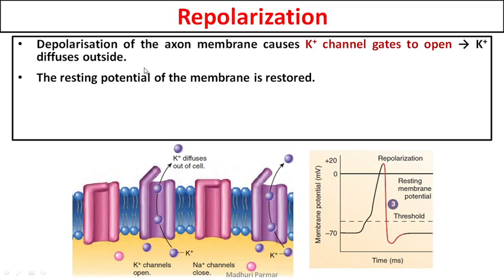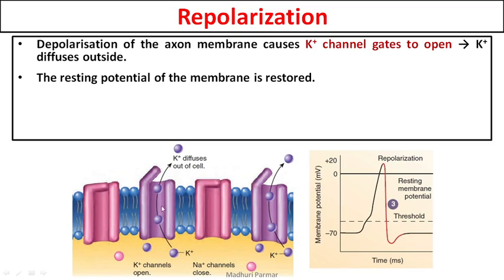Depolarization of axon membrane causes potassium channel ions to open. Okay, जो तुम्हारी potassium ion की channels हैं, उसका gate open हो जाएगा. Fine, remember we had discussed कि वो voltage पे depend करता है. तो जैसे ही voltage minus से plus की तरफ move हुआ, potassium ion channels will open their gates. जैसे ही potassium ion channel के gates open होते हैं, then your potassium ions will start moving outside, as you can see from this diagram.